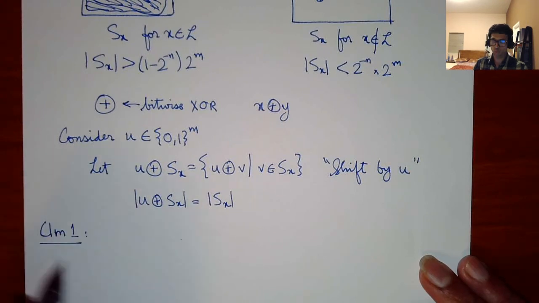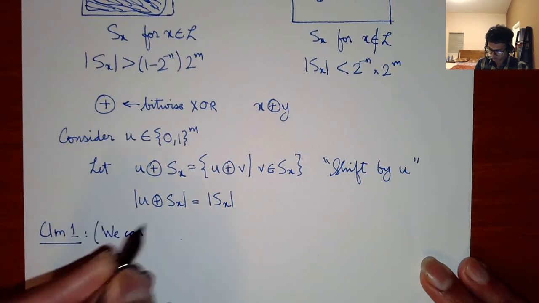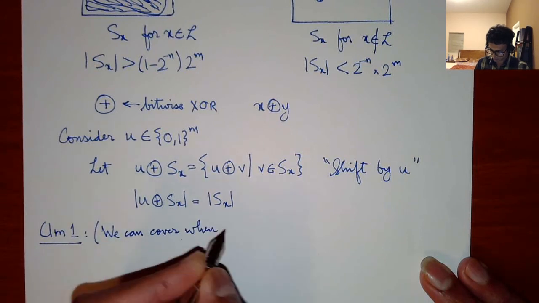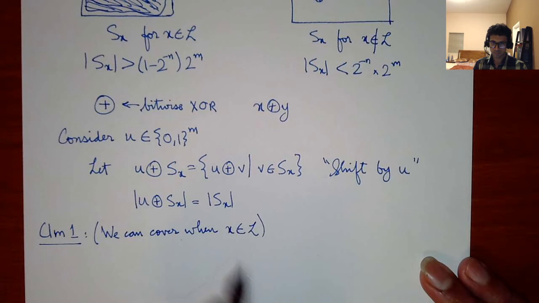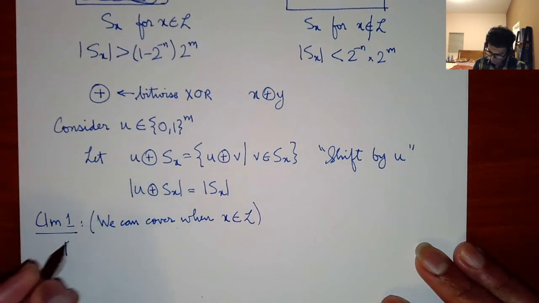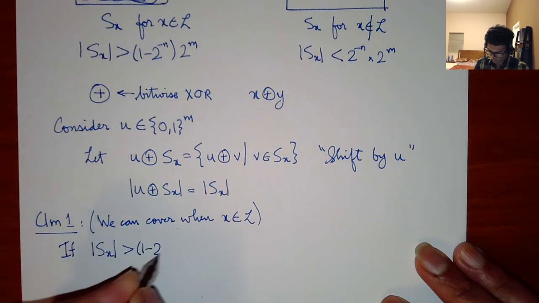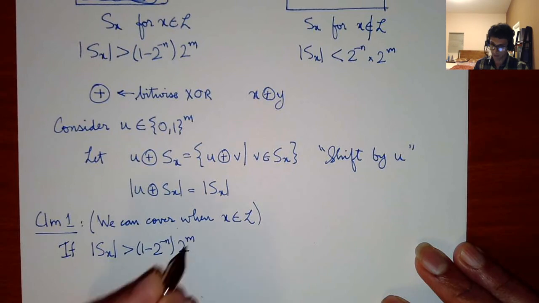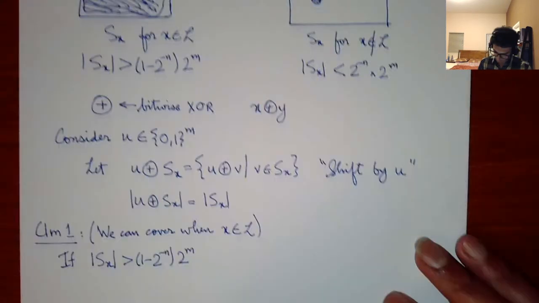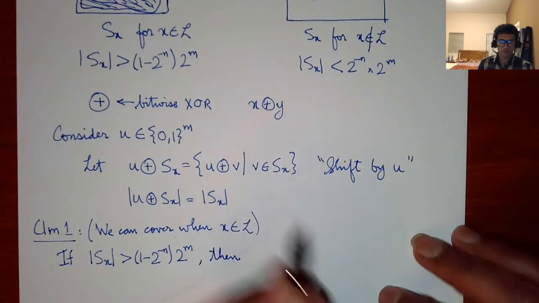So claim 1 basically says we can cover when x is in L. And you'll see what this means. I'm just going to say if S of x has size (1 minus 2 to the minus n) times 2 to the m. So S of x is really large. We're in this cartoon picture where it's extremely large. I'm going to fix a parameter k over here.